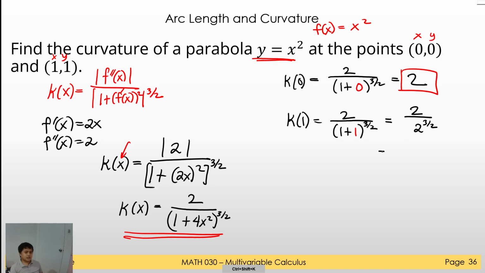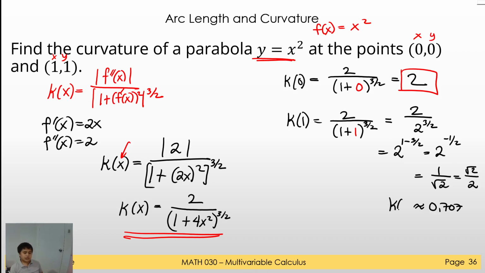If we simplify this, we can just subtract the exponents: 1 minus 3 halves. So this will be 2 raised to negative 1 half, or basically just 1 over square root of 2, or square root of 2 over 2, which is approximately 0.707. So kappa of 1 is equal to this.